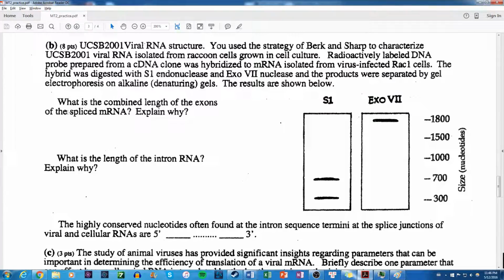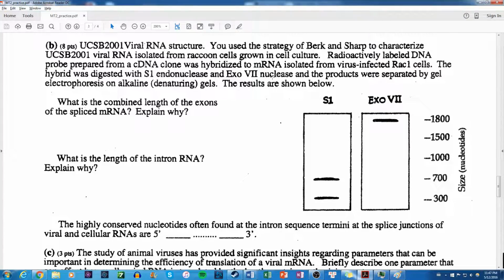And this mRNA is indicative of the exons of the DNA, because the mRNA in this problem was implied to be already spliced. When you go from DNA into RNA, you have to splice out the introns. And then you can make your mRNA fragments.